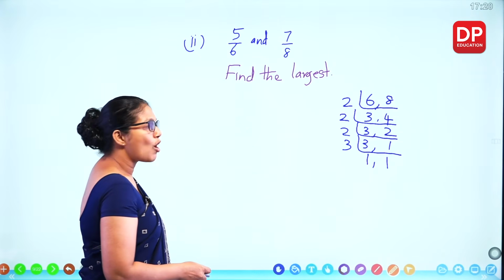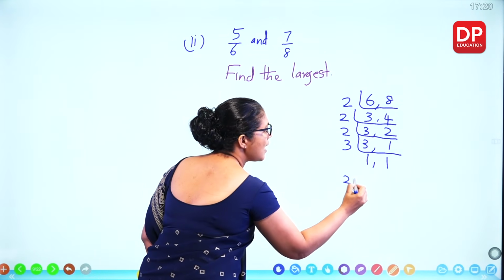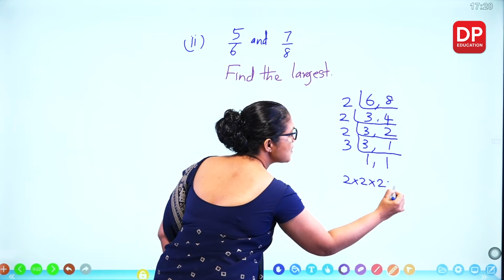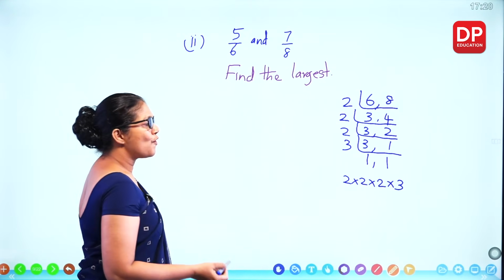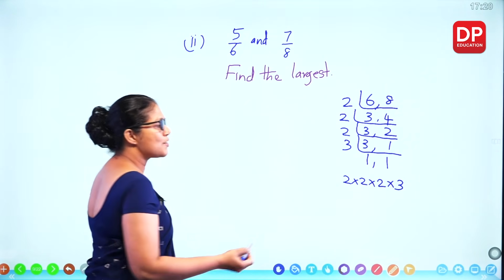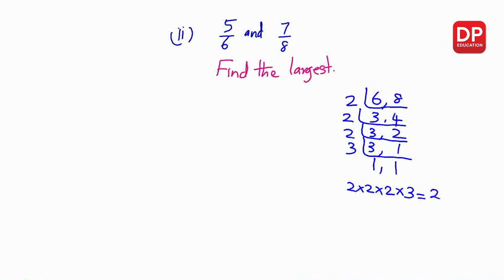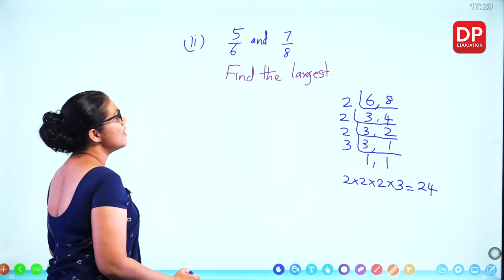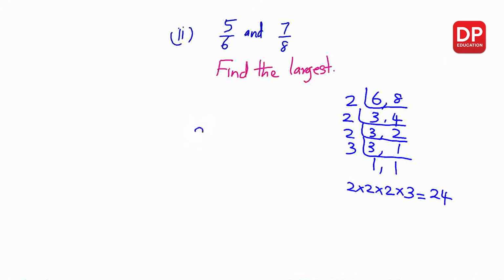So what's the lowest common multiple? 2 times 2 times 2 times 3. 2 times 2 is 4, 4 times 2 is 8, 8 times 3 is 24. So here you have to convert to 24. So that's the common denominator.